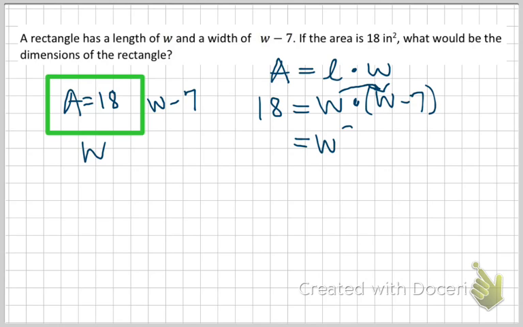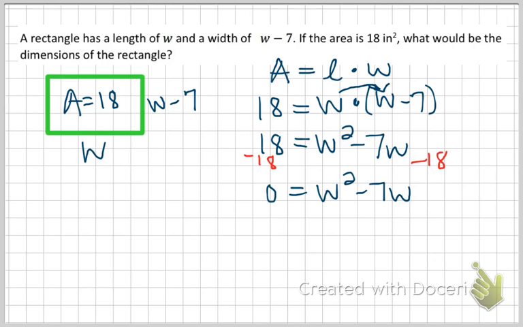So this will give us w squared minus 7w, equals 18. Now this problem looks like the ones that we've been doing before. All we have to do is move that 18 over. I'm going to throw it to the very end, because in order for us to solve, this equation has to be equal to 0. So there you go, now it is.